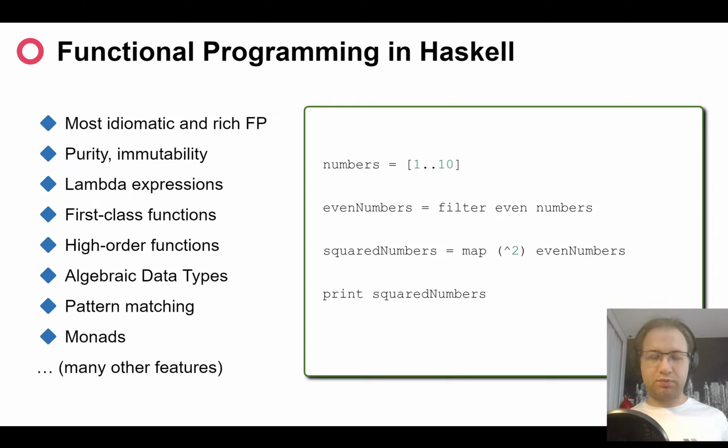Let me first present to you the look and feel of functional programming in Haskell, and then we will discuss other languages too. In Haskell, we can say it's the most idiomatic and rich functional programming among most of the languages. Today, Haskell feels like the main FP language and also a very strange one, right?